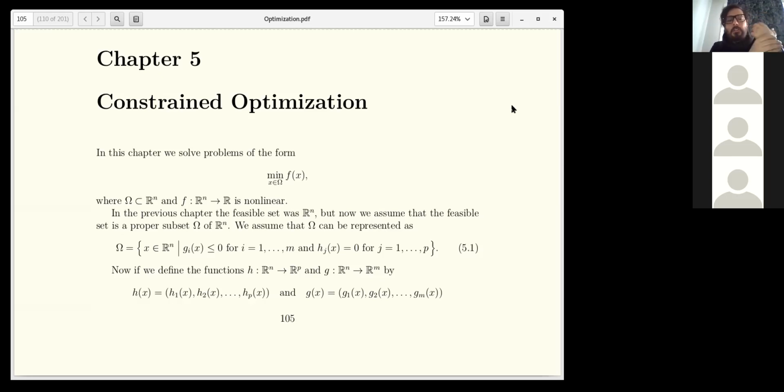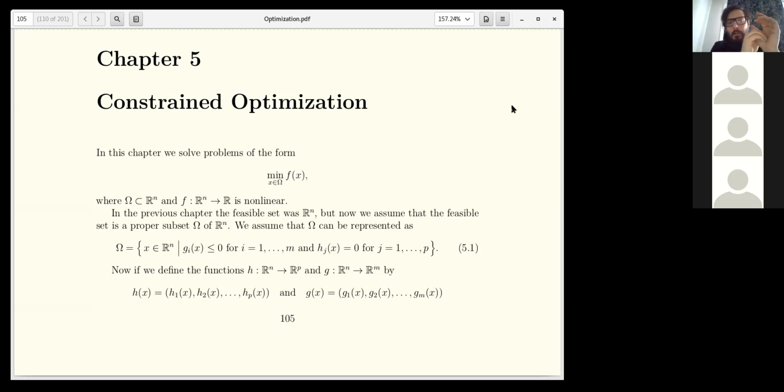In this section, we assume that there are two kinds of constraint functions. There are functions which say that some g of x is smaller than or equal to 0. It could be smaller than or equal to some constant, but then we can always rearrange it by subtracting that constant from both sides.